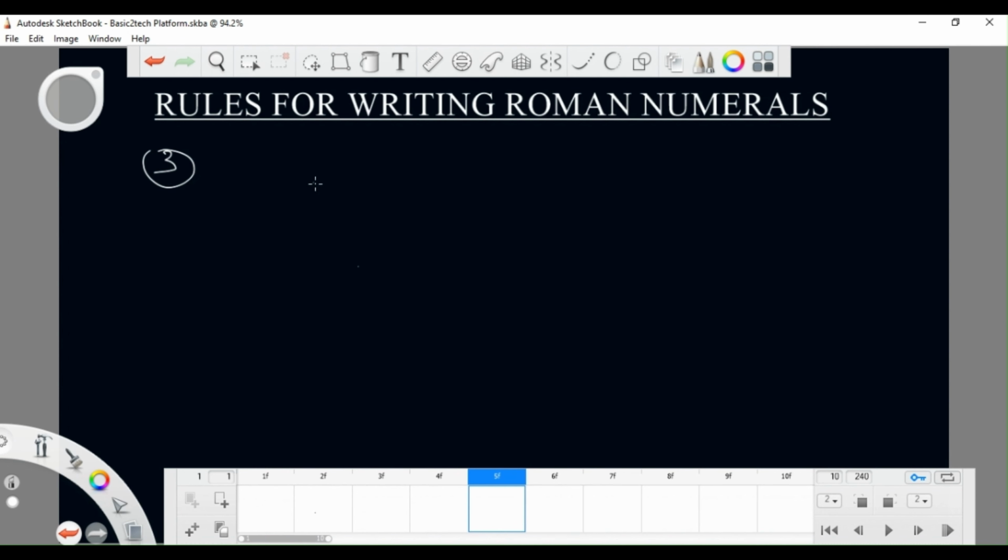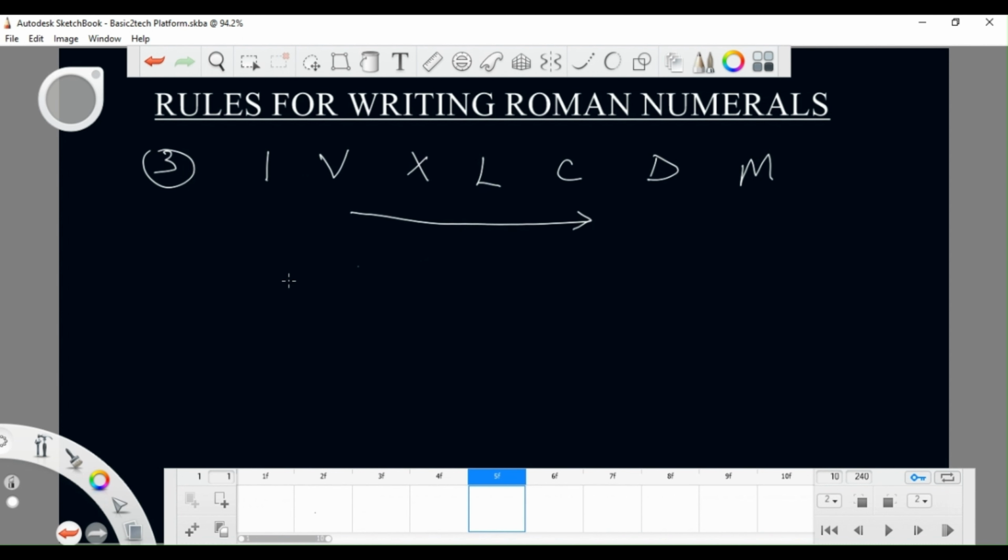Remember, we have several symbols. We have the I, we have V, we have X, we have L, we have C, we have D, we have M. And as you can see, these symbols are increasing from left to right.